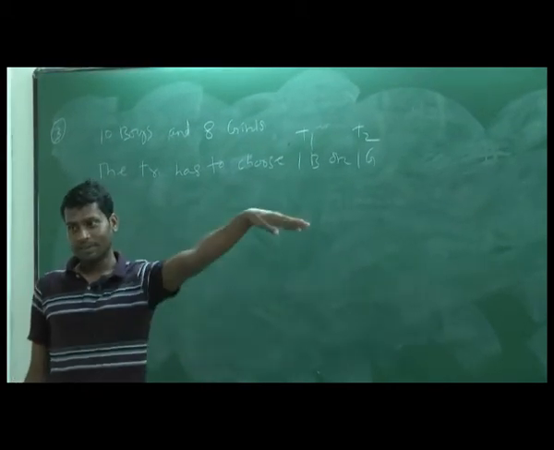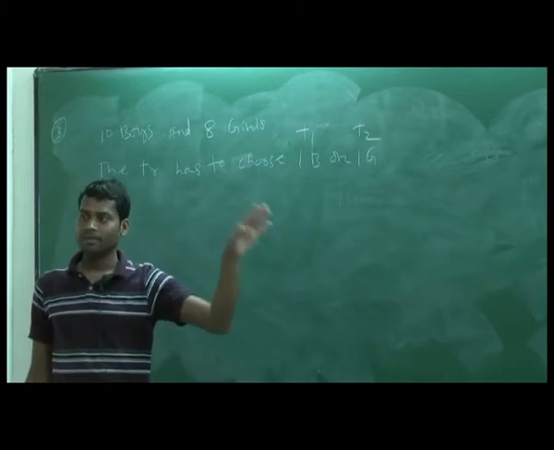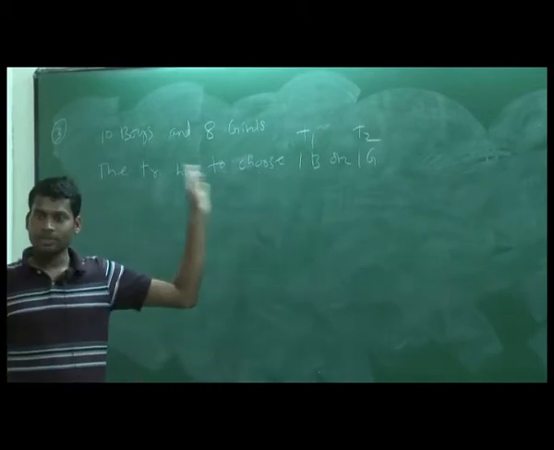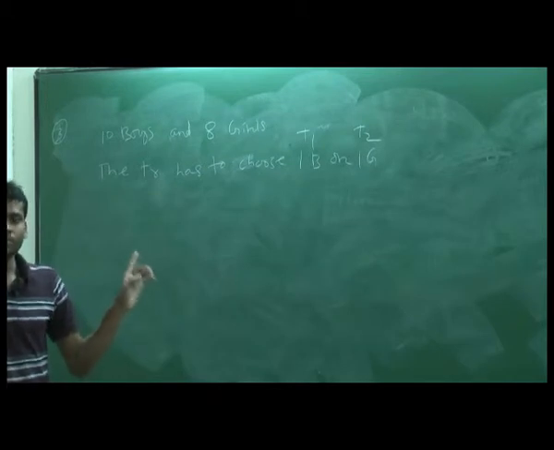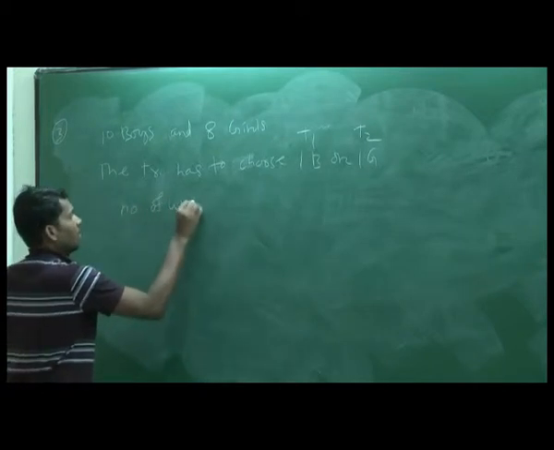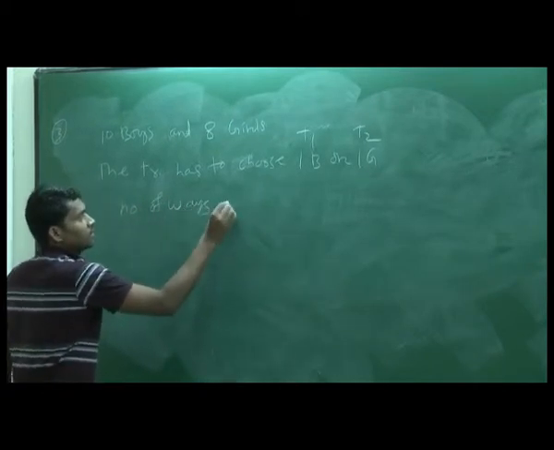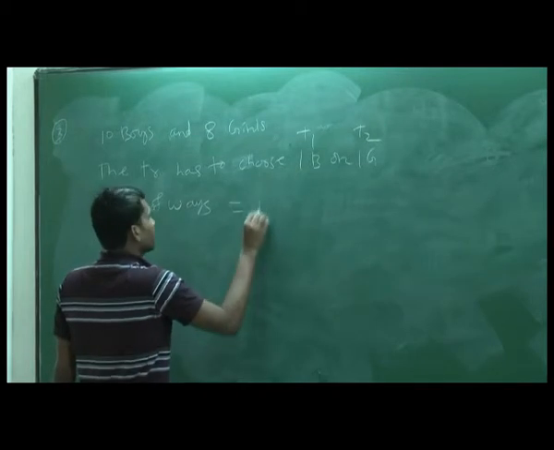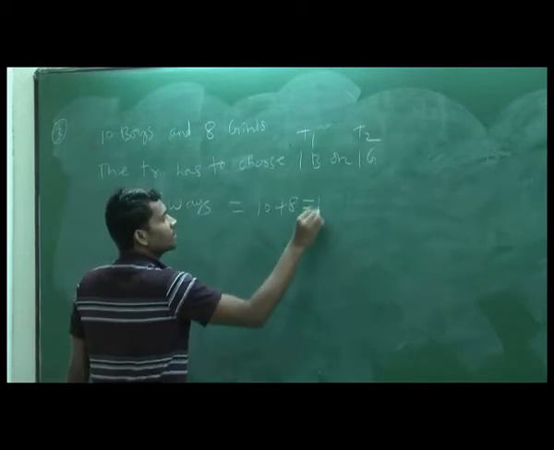So there, since we are doing all the tasks, we have to multiply everything. But here, since we are doing one of them, we have to add them, right? So number of ways is equal to 10 plus 8 equal to 18.